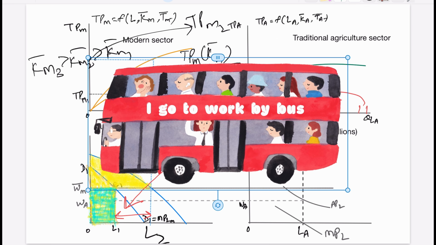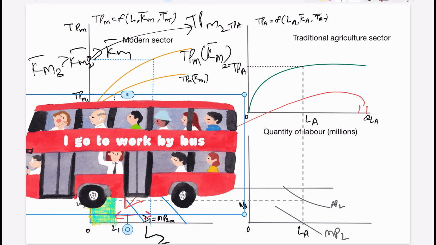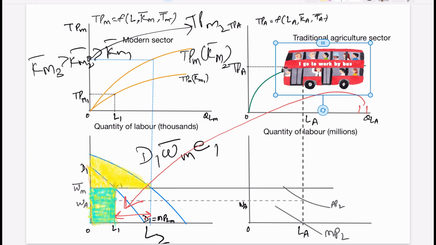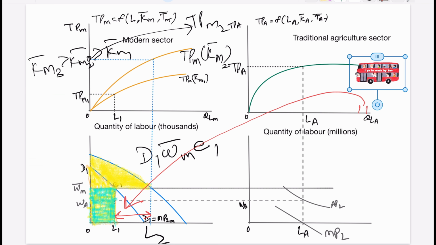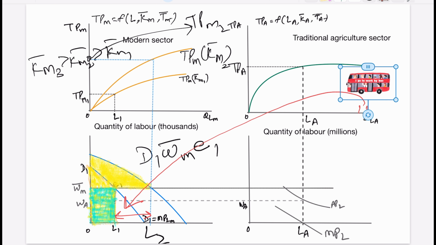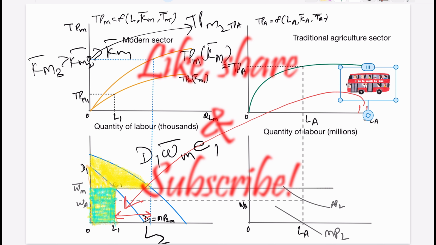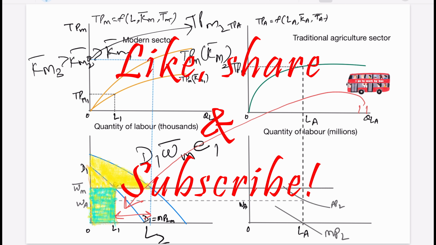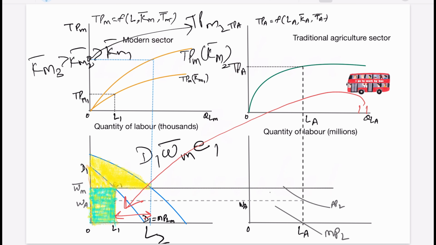Okay, this is for visualization's sake. I am putting my workers in this bus, taking them here and dumping them here. This way I am bringing in more workers. The industry labor supply curve is horizontal, so I can hire as many workers as I want at the prevailing wage WM bar.